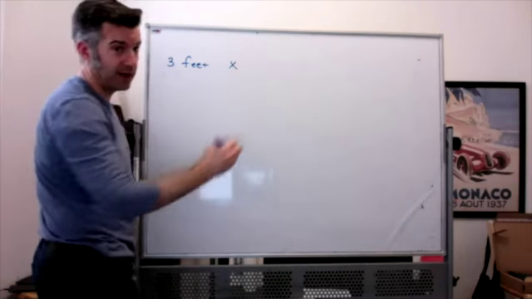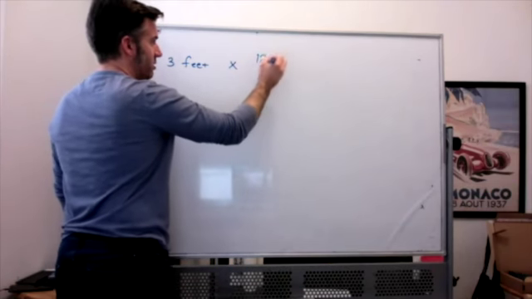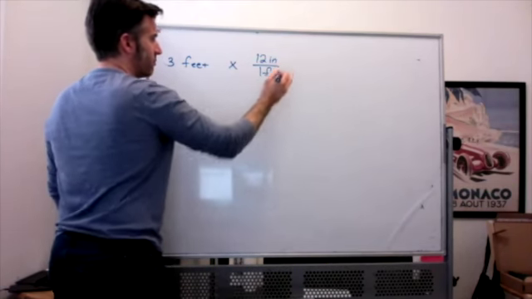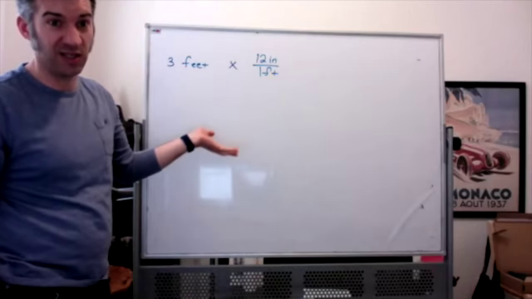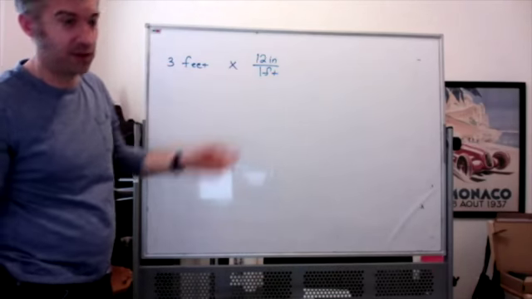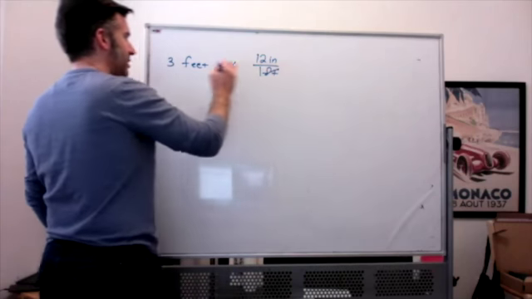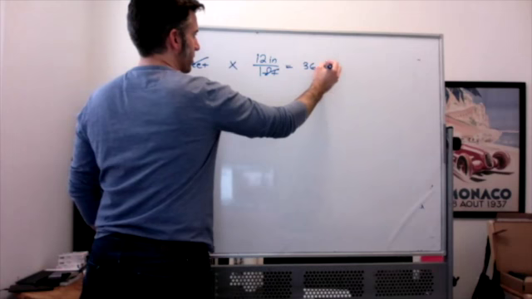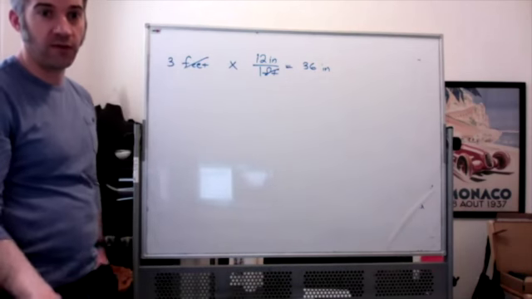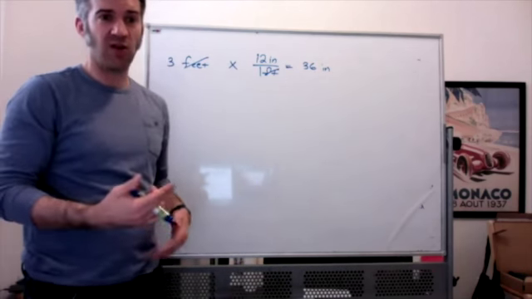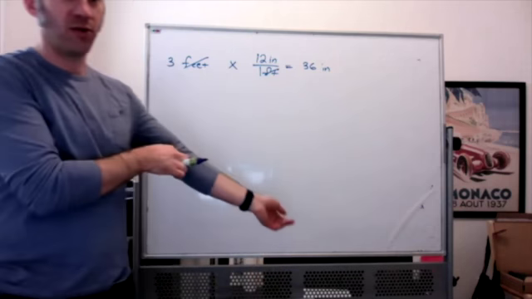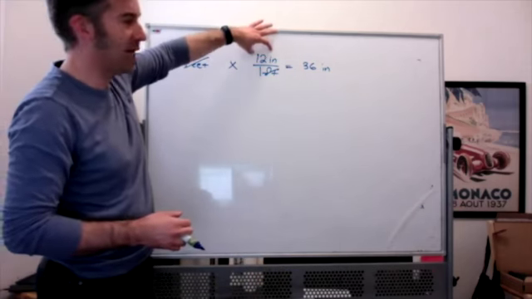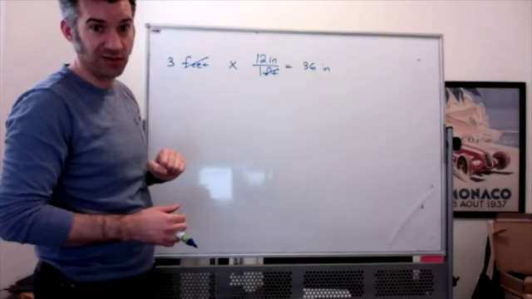I'd multiply by 12 inches over 1 foot, which is 1. 12 inches equals 1 foot, so that's 1. And then the feet cancel, and you get 3 times 12 inches is 36 inches. When you convert from one unit to another unit, you're always multiplying by 1. It's just you're multiplying by how many of that unit is equal to how many of the other units.